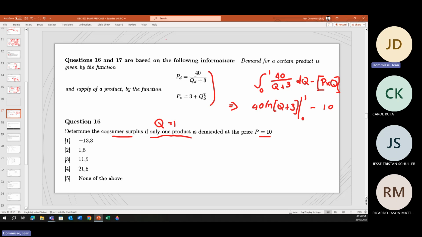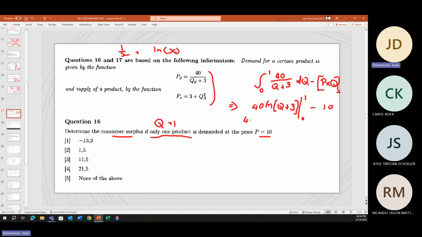Remember, study units 5, 6, 7. It might even have been earlier. If we had 1 over x, we could have said that was ln of x. So that is the same principle that we are using here.